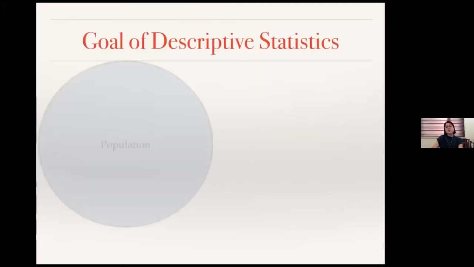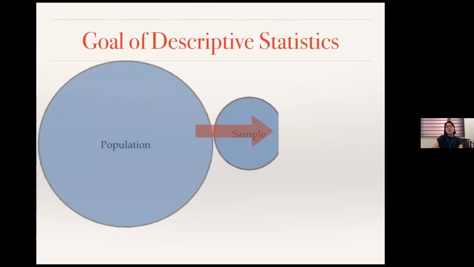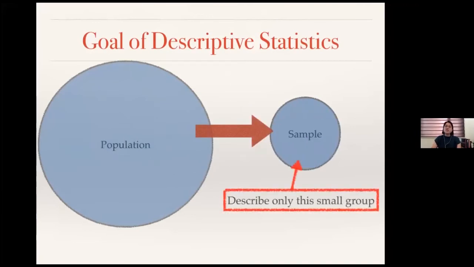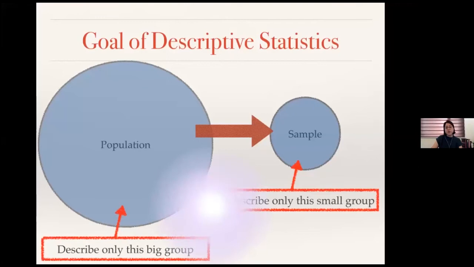So for descriptive statistics, even if you get a sample from your population, unfortunately you can describe only this small group. Of course, you can describe this big group, but you cannot say that this small group is the same as this big group, because you're just describing it. That's it.